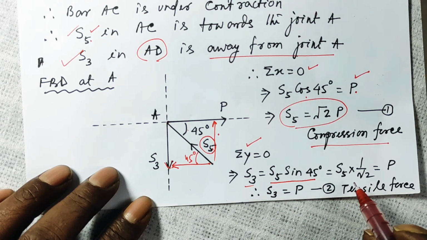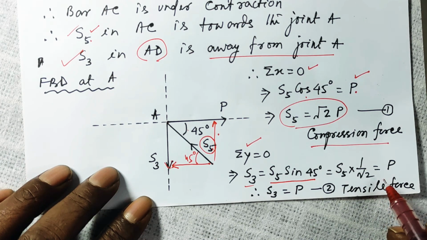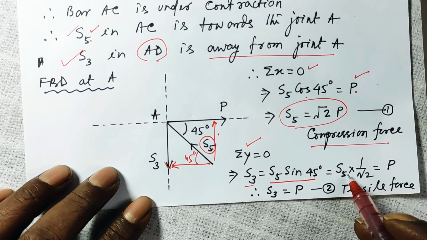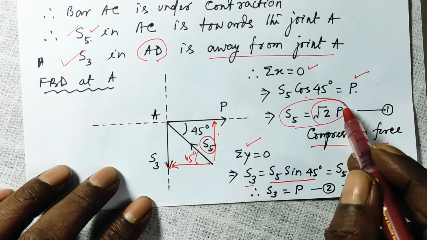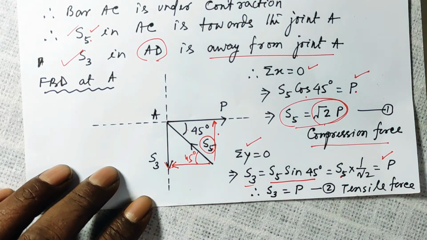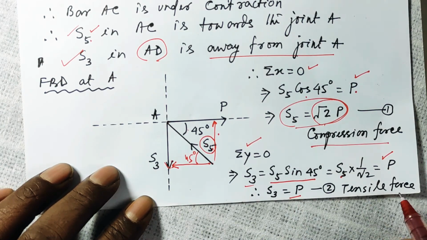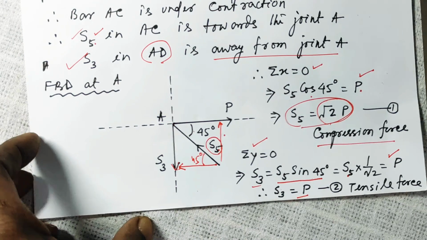Put the value of sine 45, so S5 into 1 by root 2. Now put the value of S5, that is root 2 times P here. So root 2 cancels. This is the same in magnitude as the force P due to the turnbuckle. So S3 is equal to P. That is a tensile force.